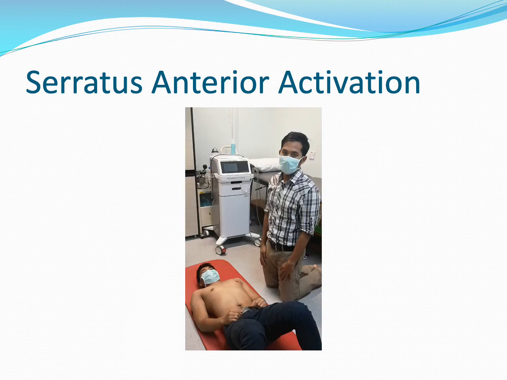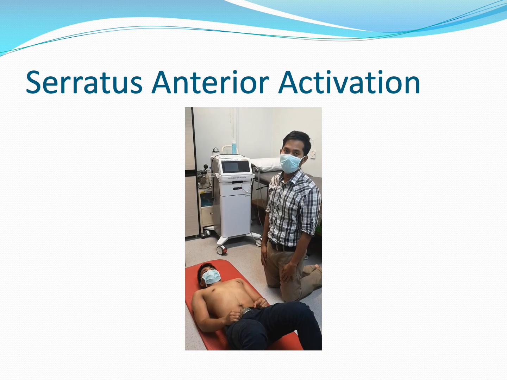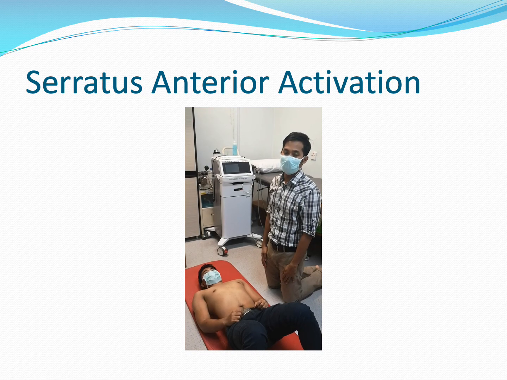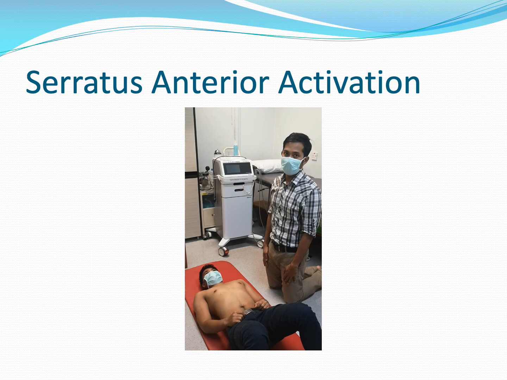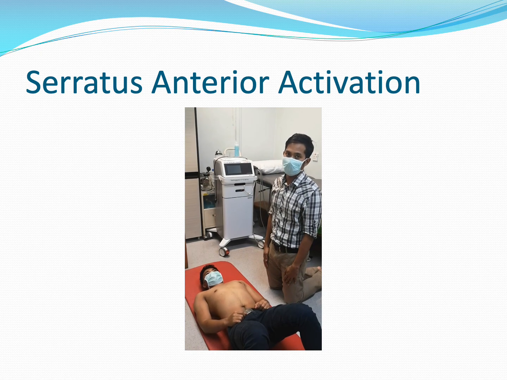Then this is the serratus anterior activation exercise, which is a scaption exercise. Based on scapular assistance test, this patient also has serratus anterior weakness. So I would like to do a scaption exercise. Scaption exercise is found to be effective in strengthening the serratus anterior.